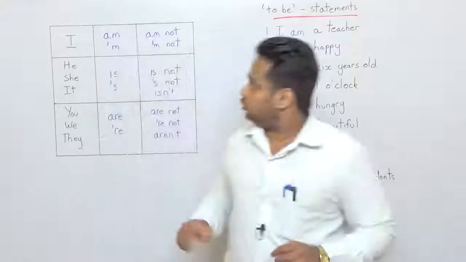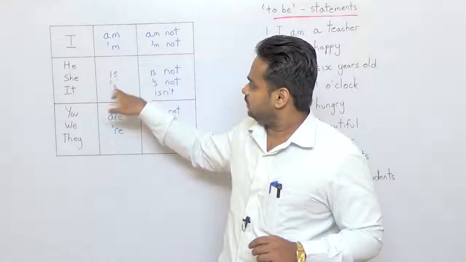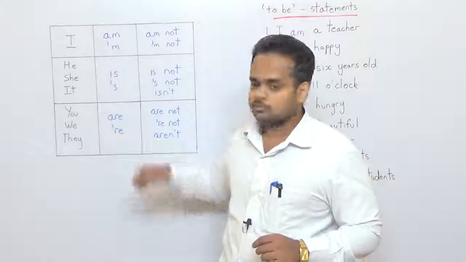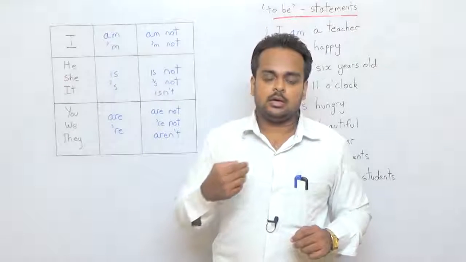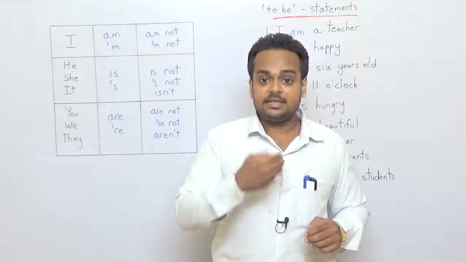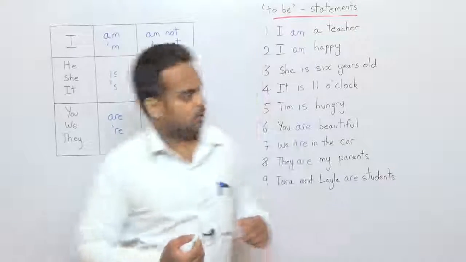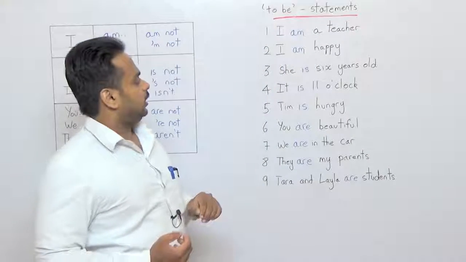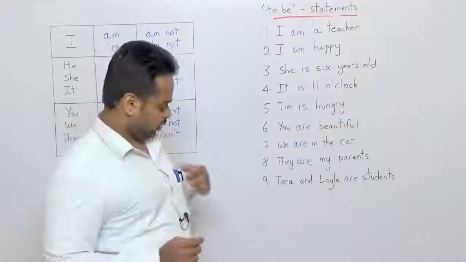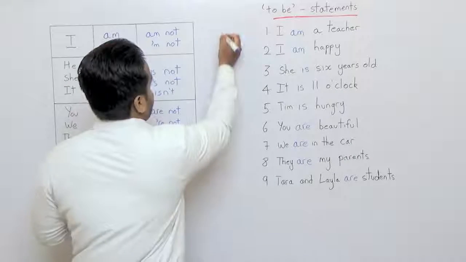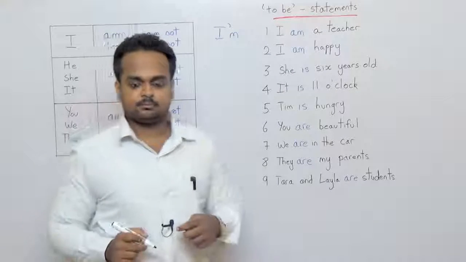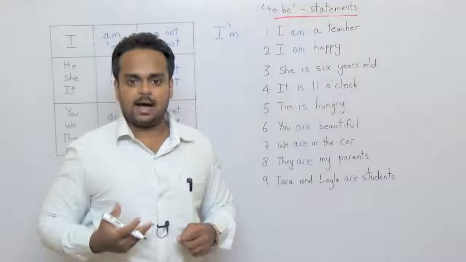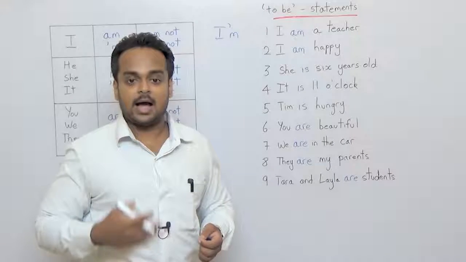Now you notice here that I have these short forms. Those are how we use am, is, and are in speaking. So this example, I am a teacher, we would shorten that. We would say, I'm a teacher.